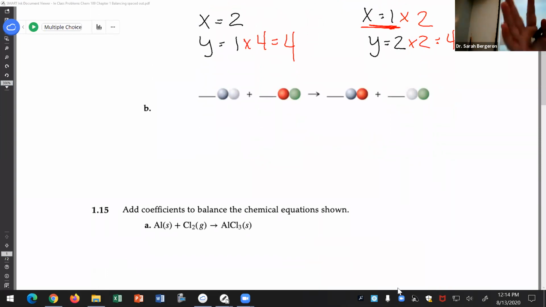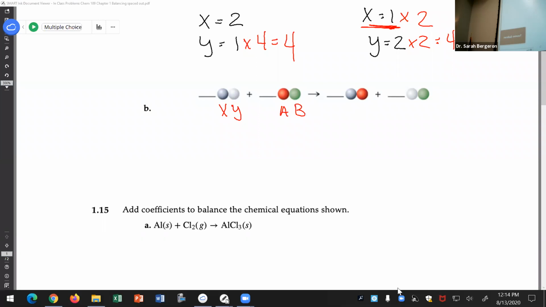Now we have 4 different kinds of atoms here, right? So we'll call this X, we'll call this Y, we'll call this A, we'll call this B, right? And we're not going to have colors on the test, but this is what they have. So now what happened? What did we make in the products?